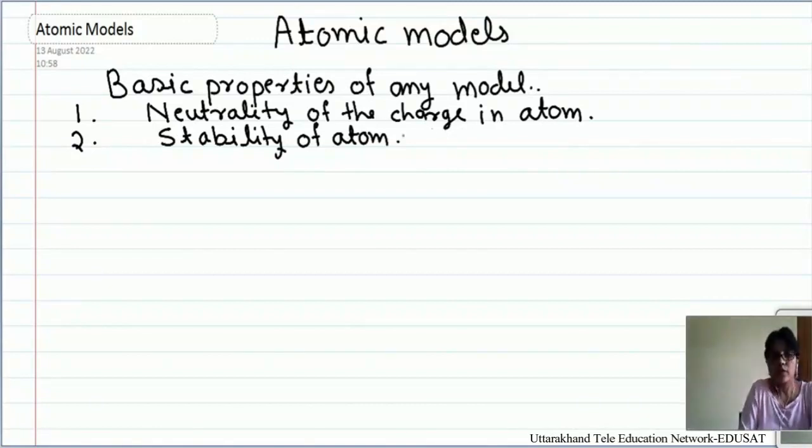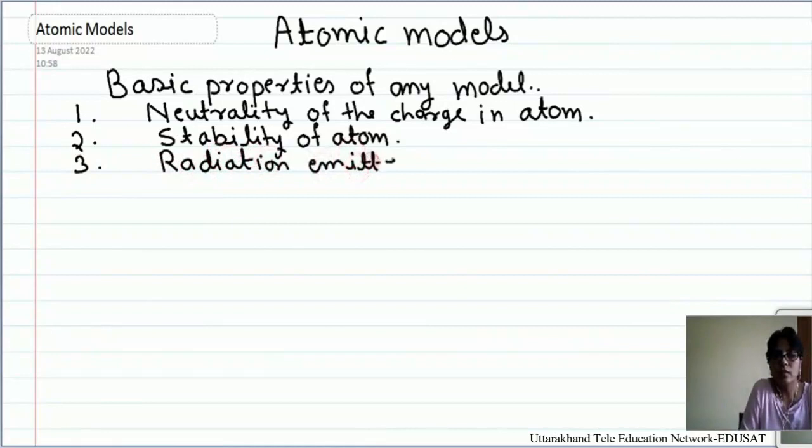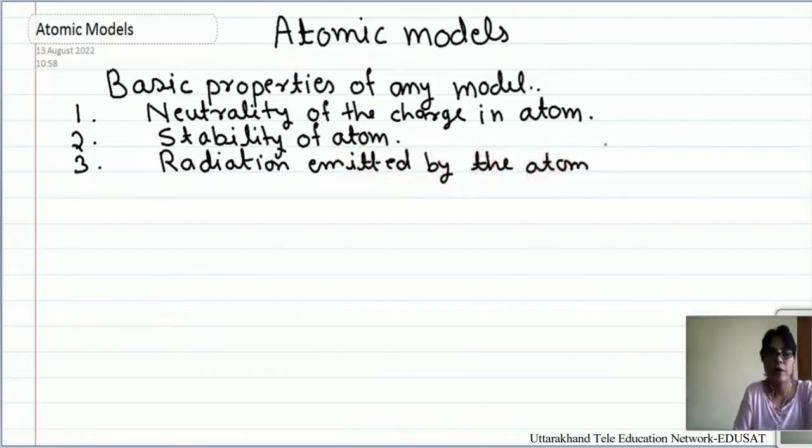And then we have to check the radiation emitted by the atom. Experimentally, it is found that because of the radiation, there is line spectrum of the hydrogen atom or hydrogen-like atom.